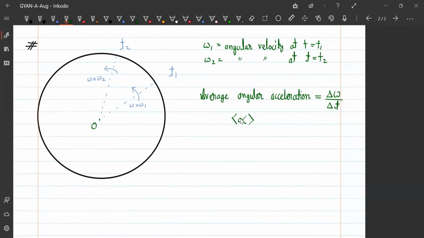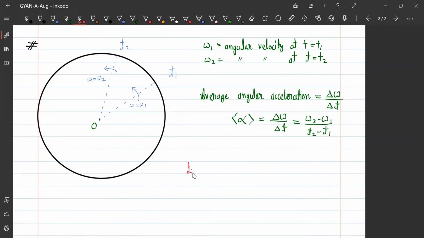You can put a bracket for average. That is delta omega by delta t. Or you can write it as final omega minus initial omega divided by t2 minus t1. The average angular acceleration.